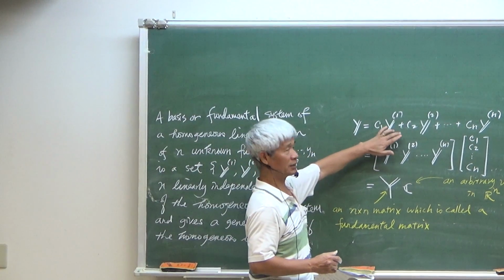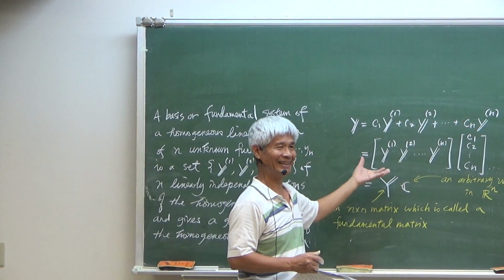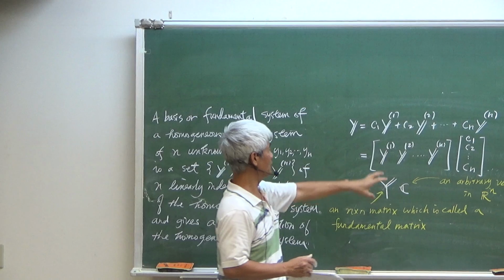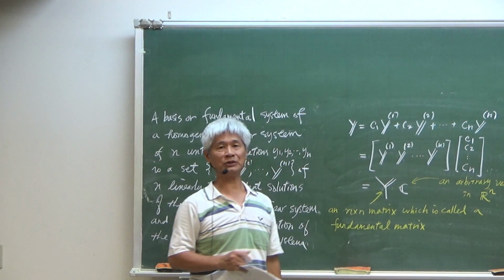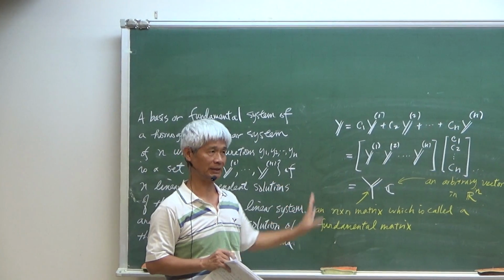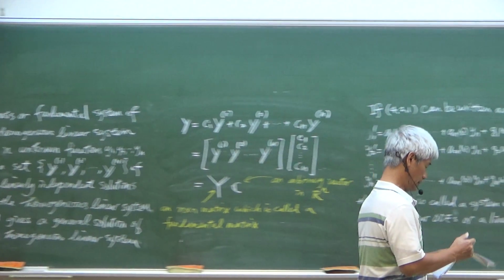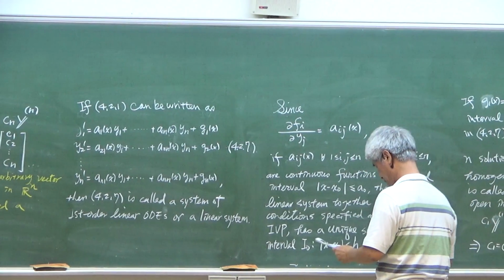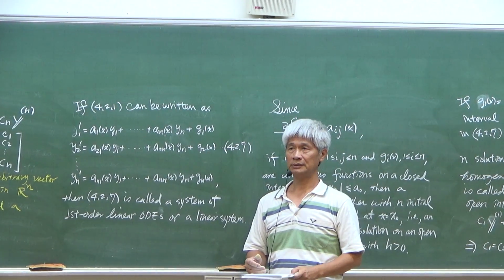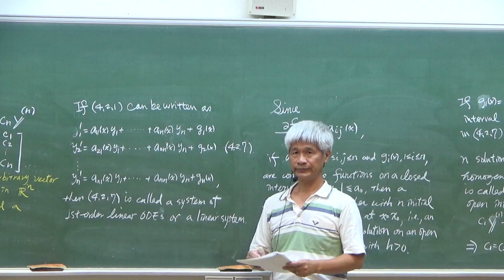This is a common trick in linear algebra to write a linear combination of vectors as matrix multiplication. This is a common practice in linear algebra, and I hope you get used to it. Any questions?